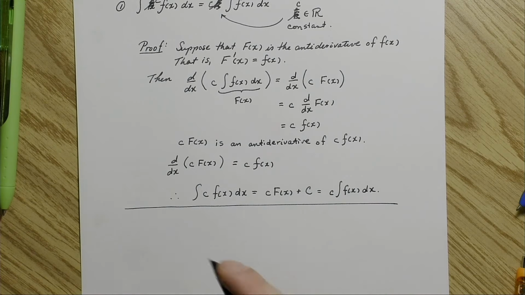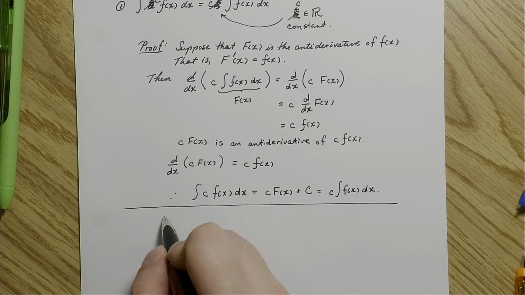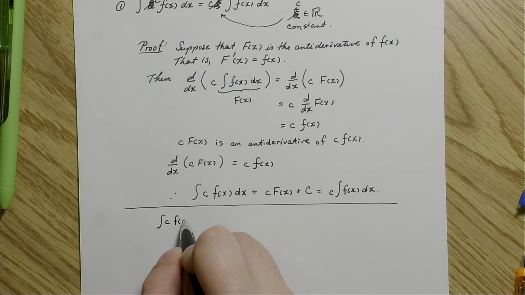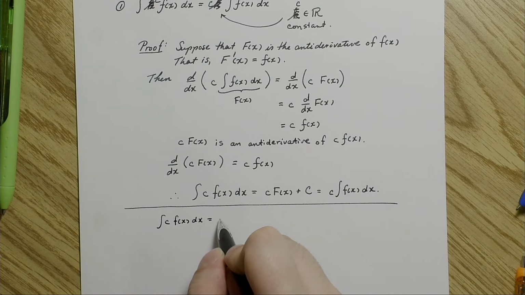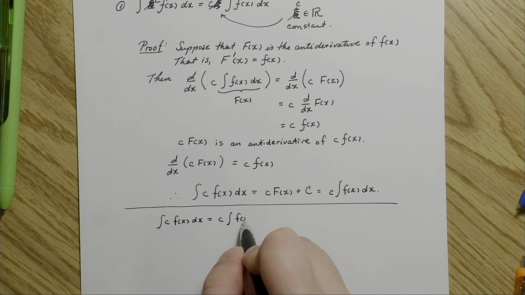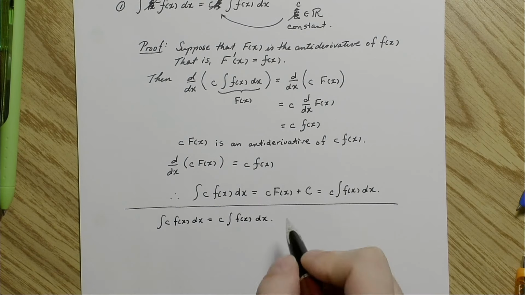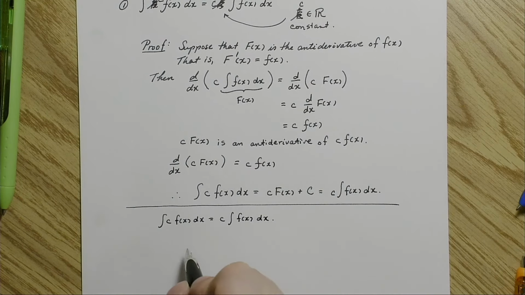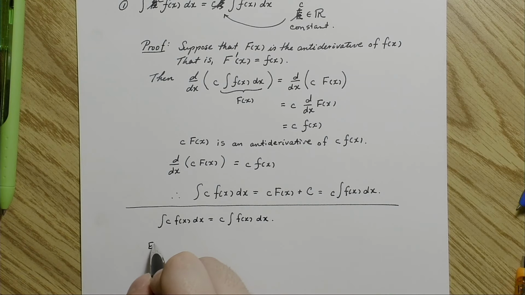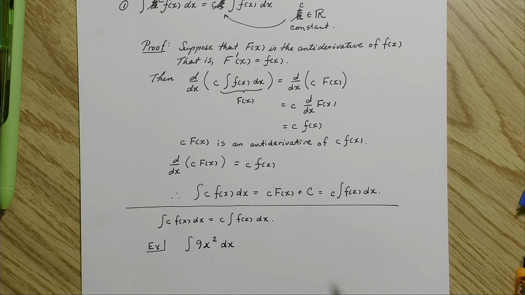why is this important? Why is this first property, the integral of c f at x dx equal to c times the integral of f at x dx, important? Because I can actually now do an integral like this. Okay? Which means that because of this, I have this 9 here, which is a constant, and that 9 can actually come out in front of the integral.